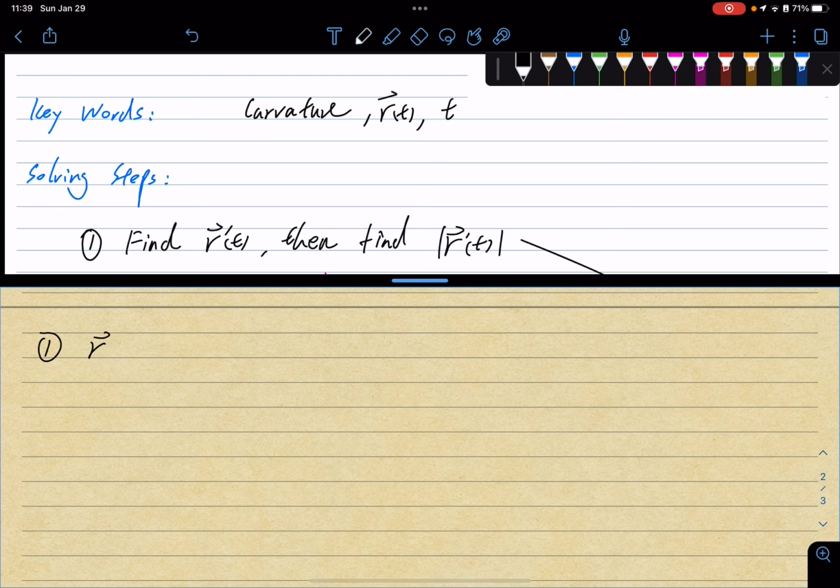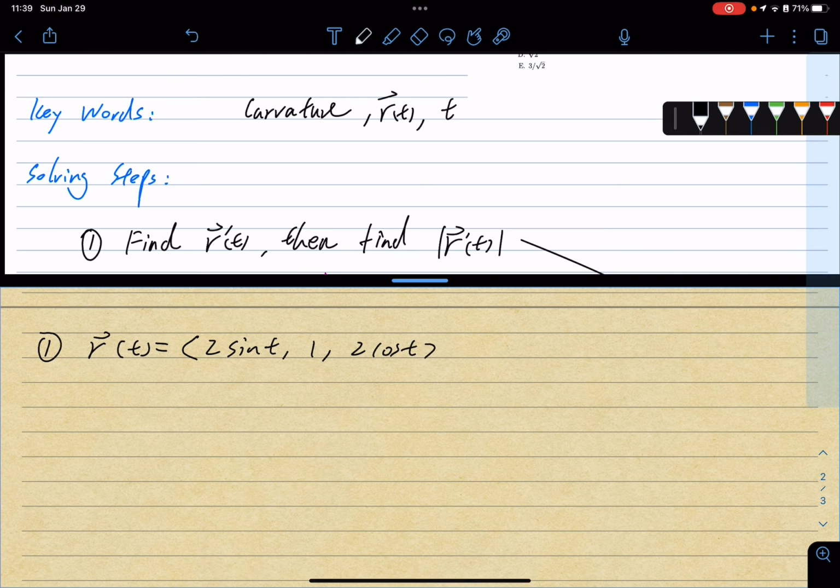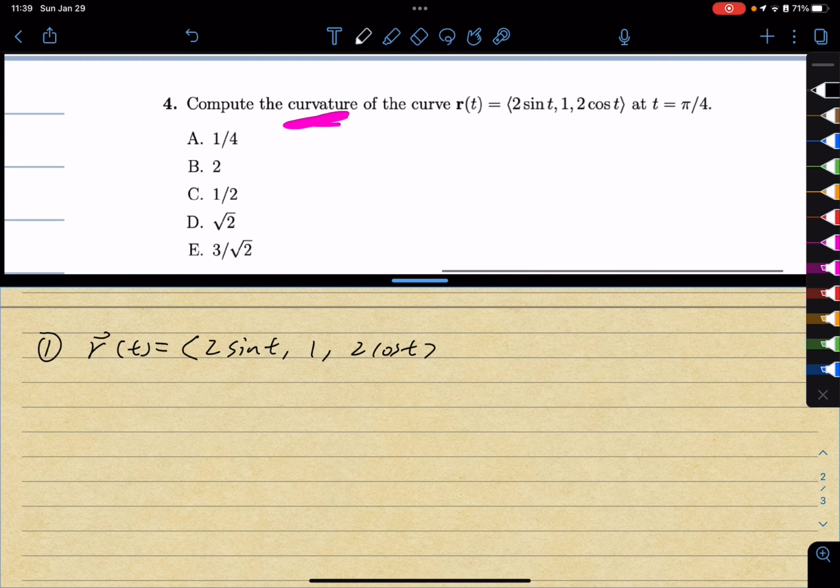So we're going to start with r of t. That is 2 sine t, 1, and then 2 cosine of t. Okay, let me just show you again. It's right here. And then r prime of t equals 2 cosine of t, 0, negative 2 sine t.